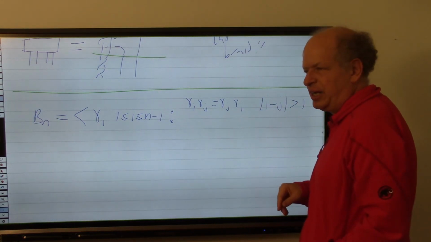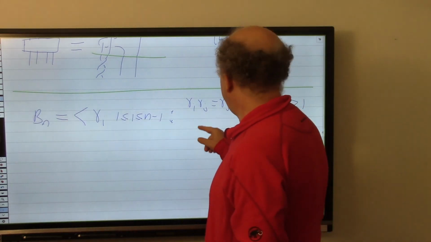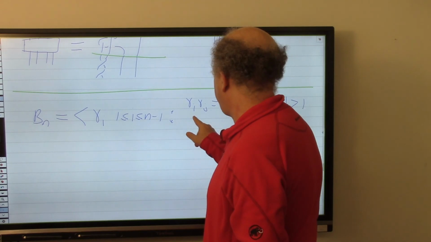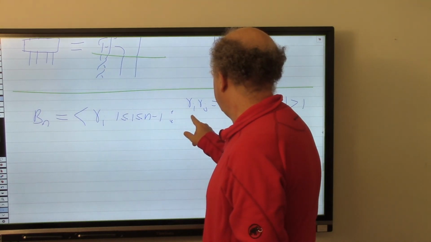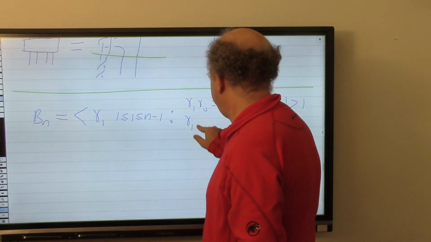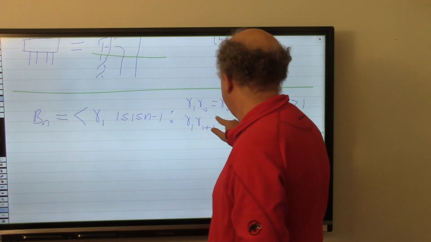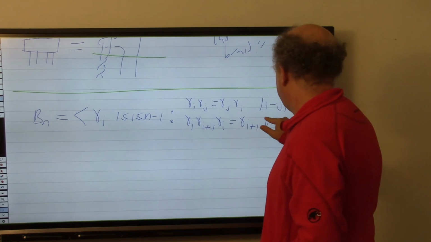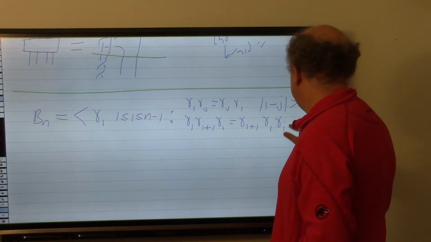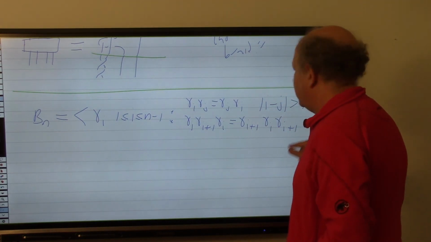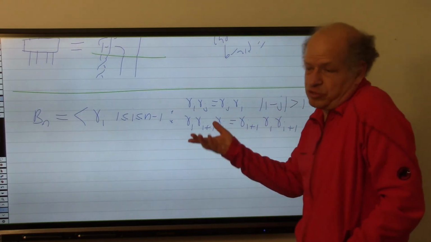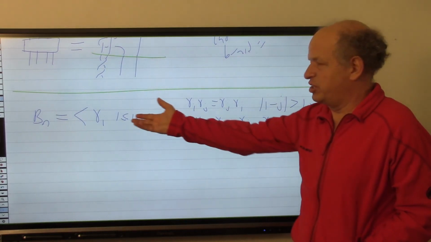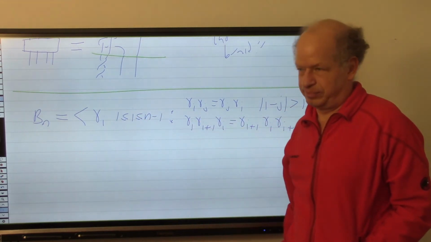This is sort of silly. And the interesting relation is gamma I plus 1 gamma I gamma I plus 1 is equal to gamma I gamma I plus 1 gamma I. Anyway, that was my mood when I was defining Bn.